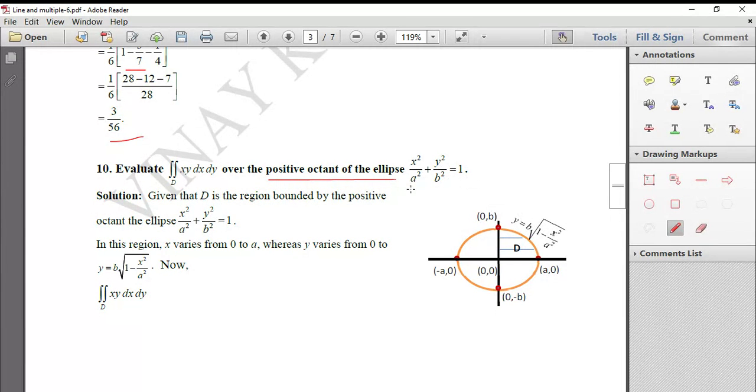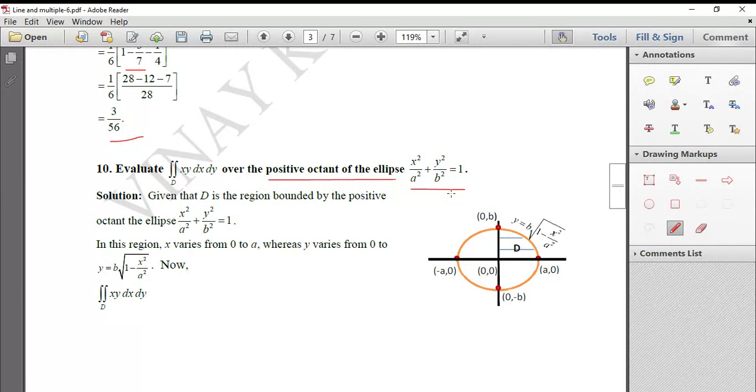So let us draw the graph of the ellipse x square by a square plus y square by b square equal to 1. That means the x-axis varies from minus a comma 0 to plus a comma 0. And what is the center of this? Center is 0 comma 0. From center the x-axis length is a.